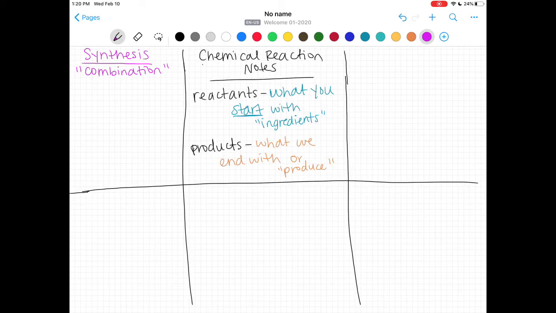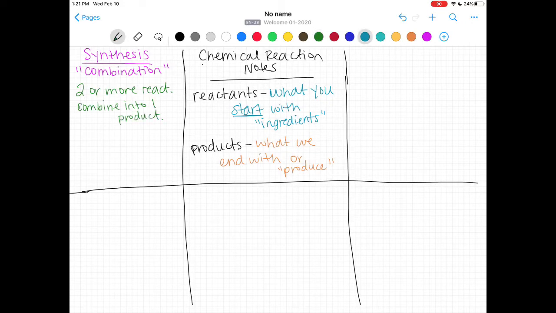Okay, and what this is just where 2 or more reactants, I'm just going to abbreviate that, combine into one product.